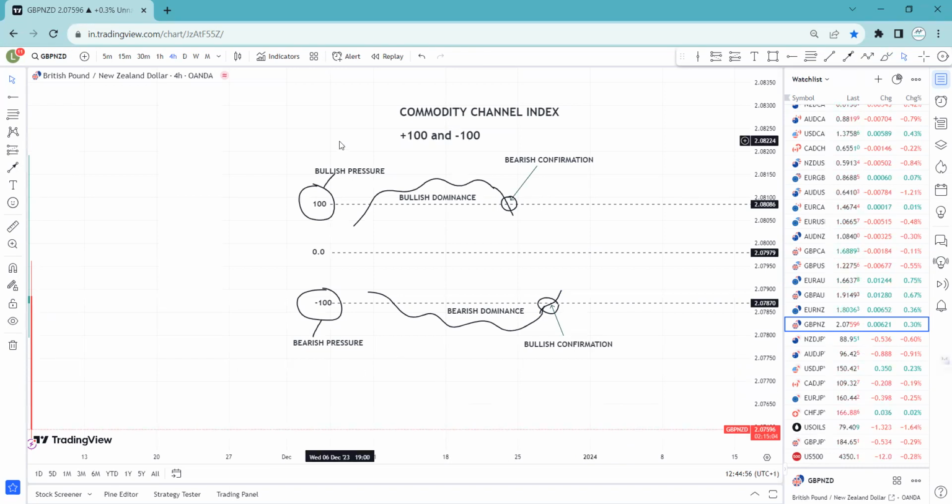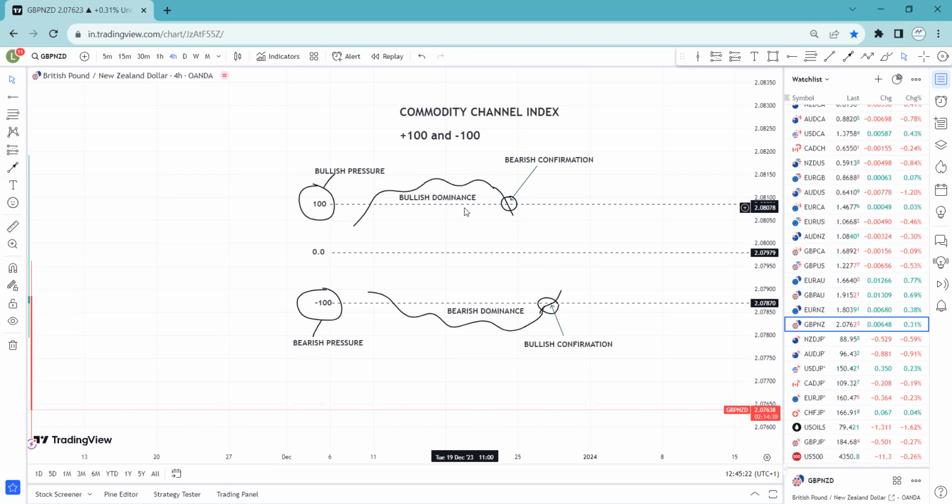I've already shown you how the commodity channel index is used to study the pressure in the market, and who exactly is having the pressure, the bulls or the bears. And number two is price direction. I've already shown you how the dominance or the pressure in the market can determine the direction or flow of prices.